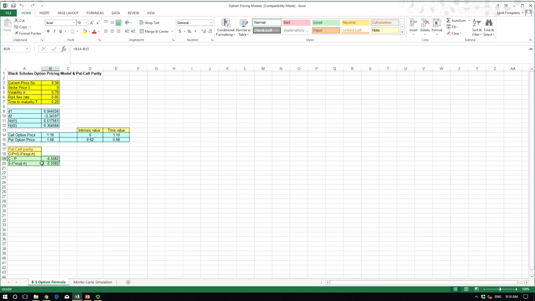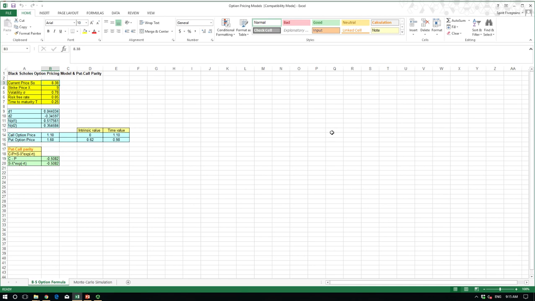C minus P, that is the call option price minus the put option price, equals the stock price minus the present value of the strike price. So in the future, you can utilize this spreadsheet to calculate any option prices.